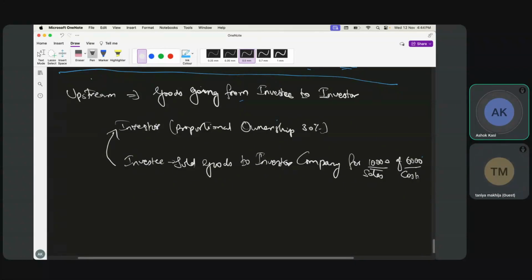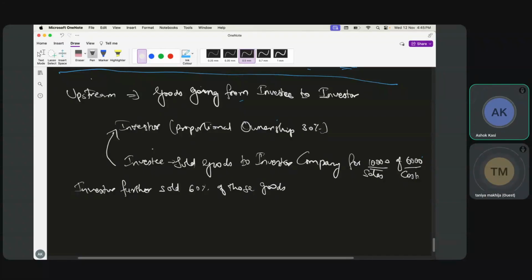So let's say the investor further sold 60% of those goods. That means he has sold only 60%, and the remaining 40% is with the investor only.